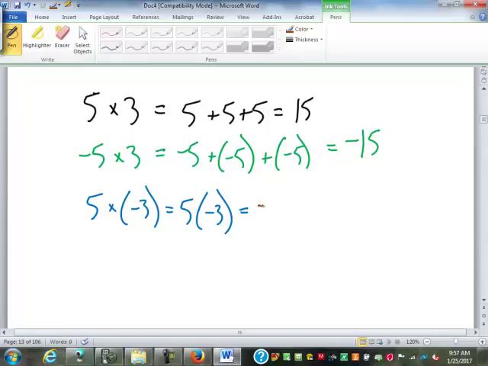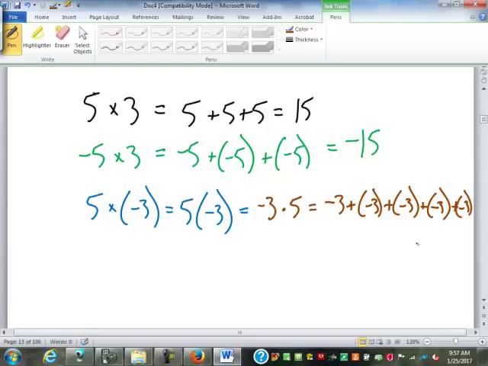So we can make this negative 3 times 5. So now that's saying take 5 negative 3s and add them together. That makes more sense. And what do we get if we add 5 negative 3s together? Well, it's still a negative 15.